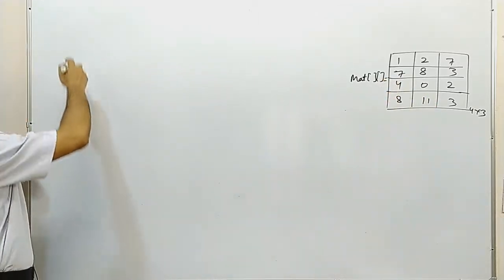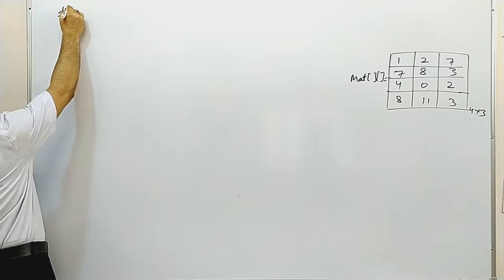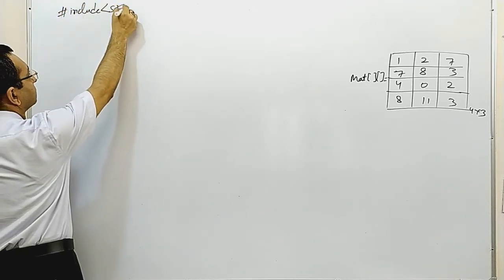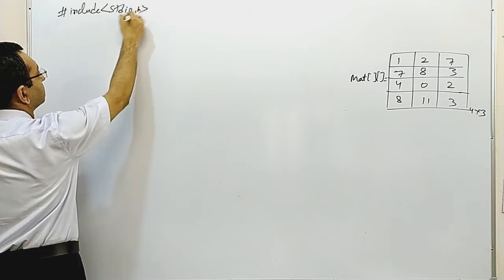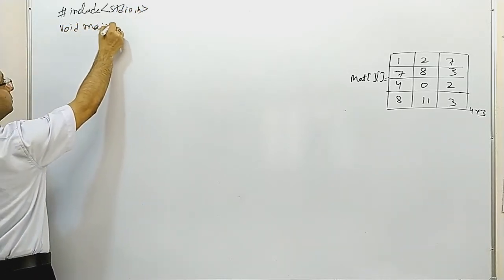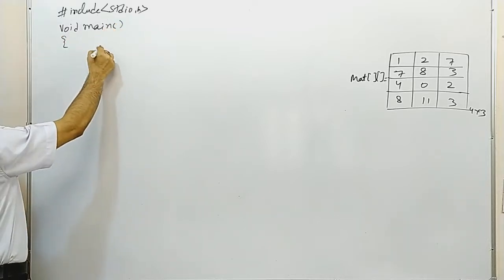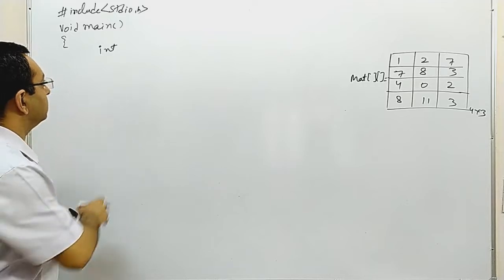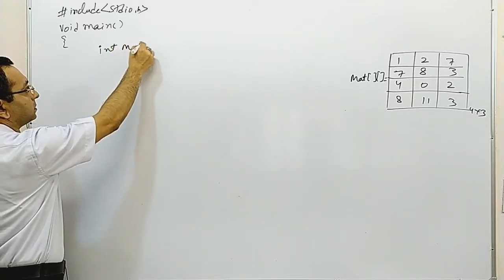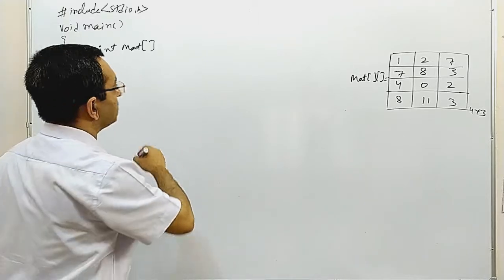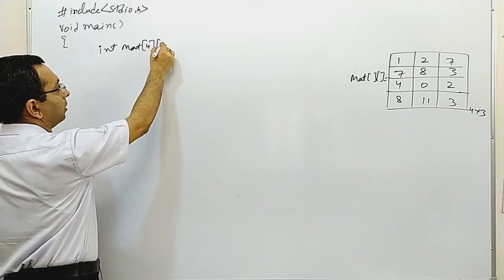So first of all we have to take the header file and main function. We are taking integer because the matrix name is mat, and the number of rows is 4 and columns is 3.